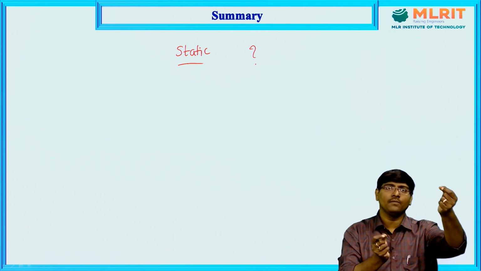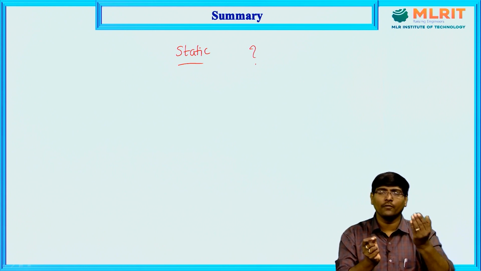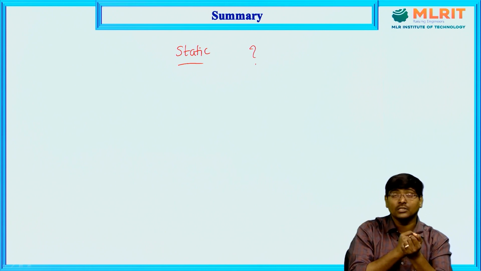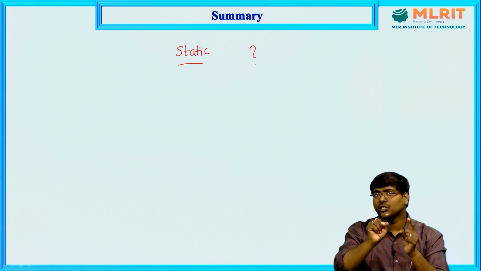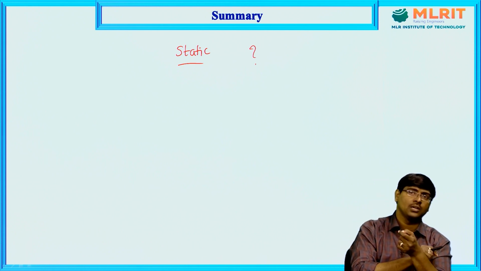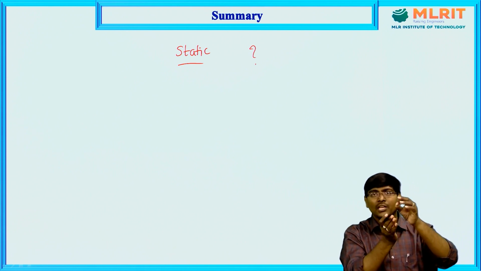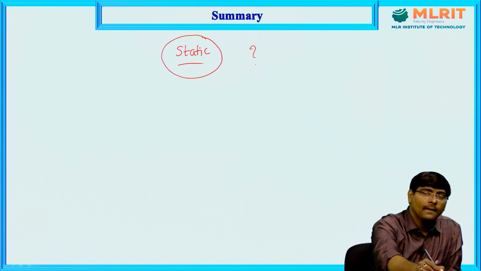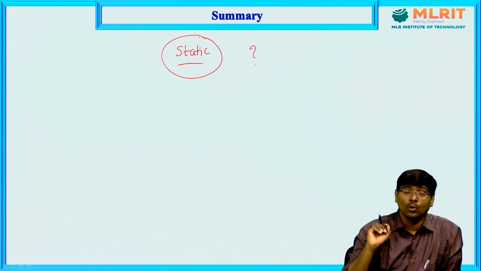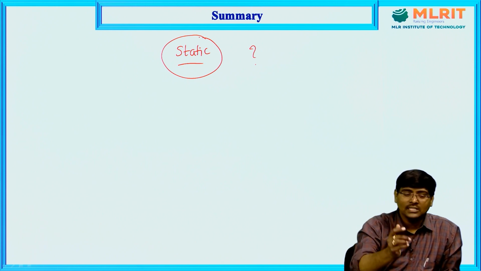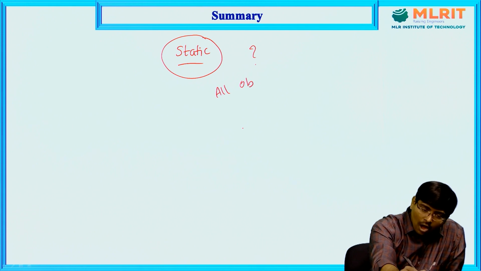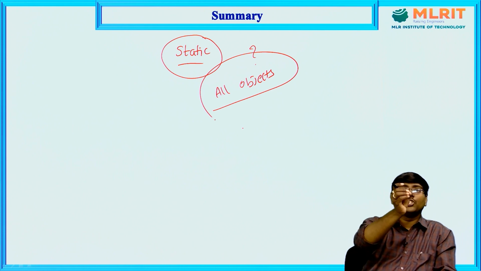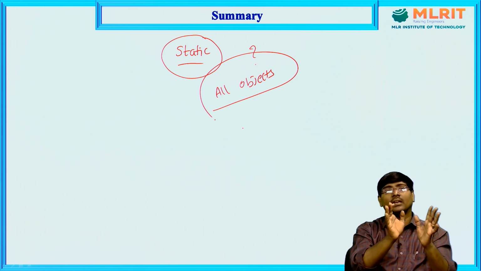Student 2, again the same. Student 3, different values. Student 4, different values. Each and every student, I need to assign different values. But observe one point, all the 60 students belong to the same branch. For such reasons, instead of assigning the branch to each and every student, I make branch a static variable. If you make a variable a static variable, all the objects share that memory. Clear? So, that is the static.